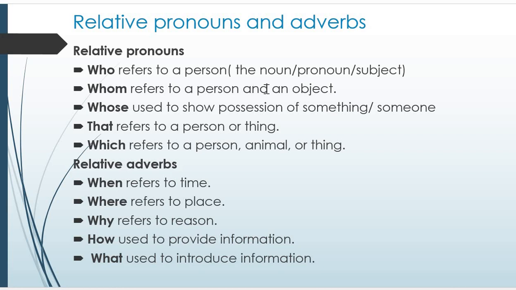Whom refers to a person, but it is used as an object. Who refers to a person, it is used as a subject. Whose is used to show possession of something or someone. That refers to a person or a thing, which refers to a person, animal or a thing.